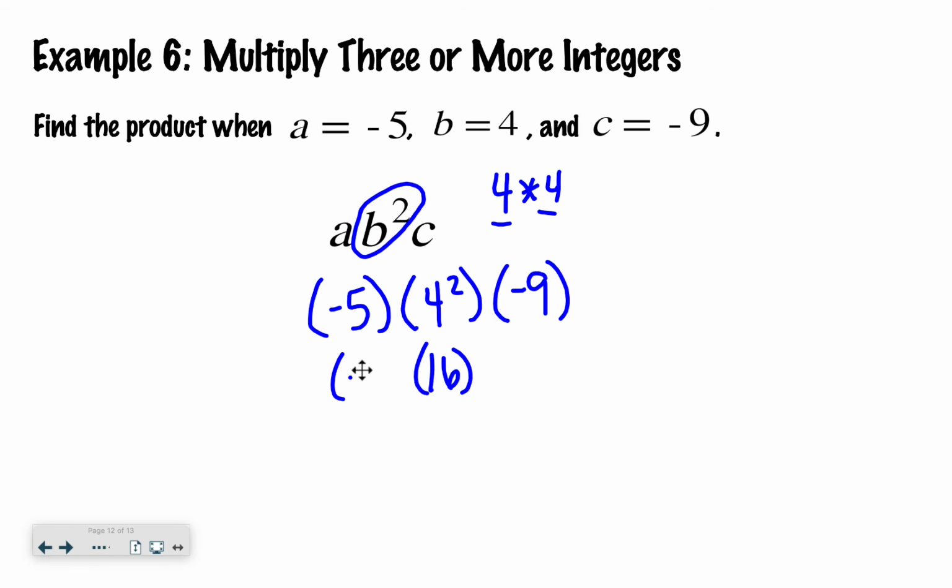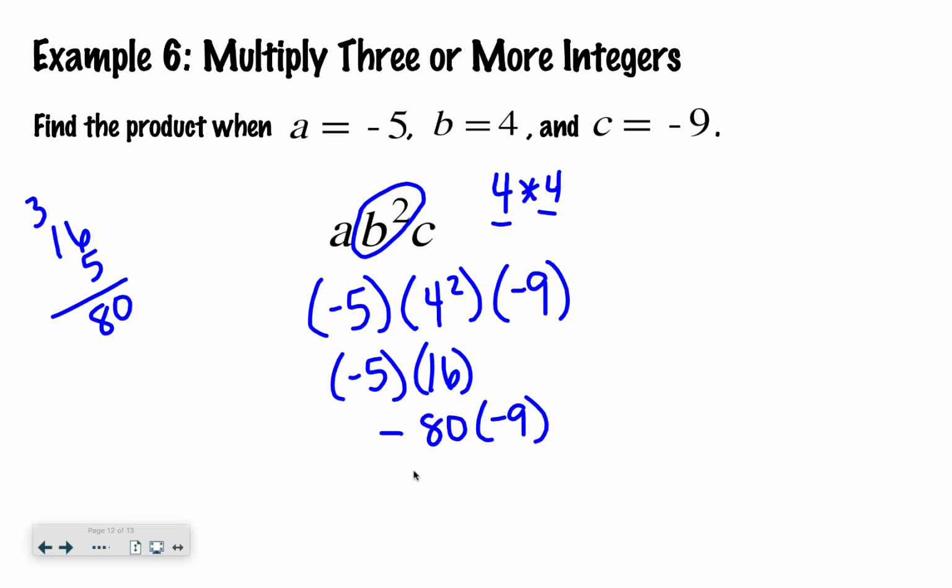Okay, so I'm going to do negative 5 times 16. A negative times a positive is going to be a negative, and 16 times 5 is 80. I'm going to multiply with a negative 9. So negative times negative is going to be positive. Then 8 times 9 is 72, and then I just tack on a 0 there. So my answer is 720. All right. If you have questions about that, please ask for some help.